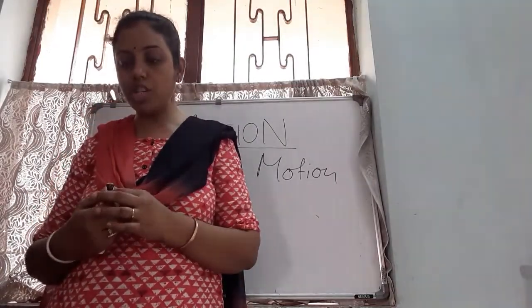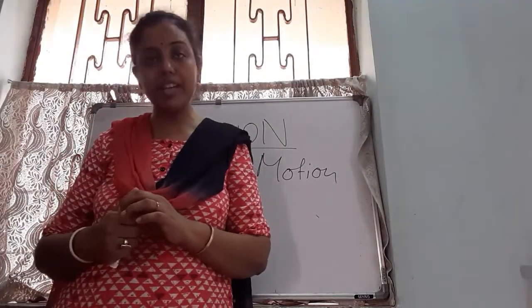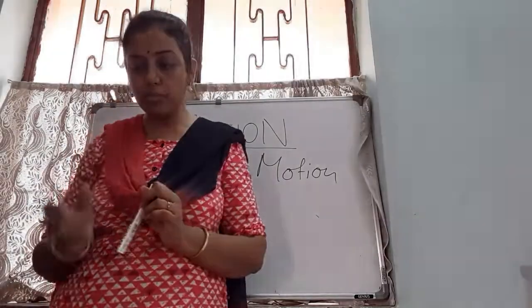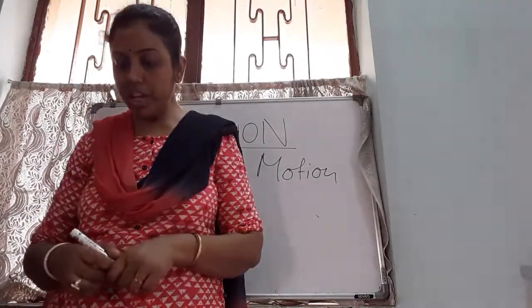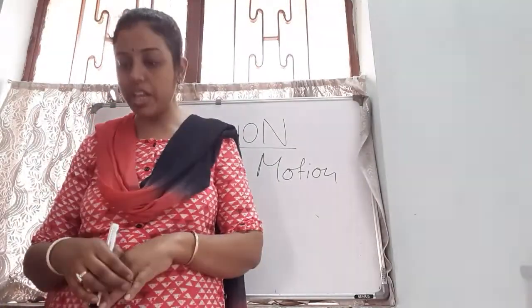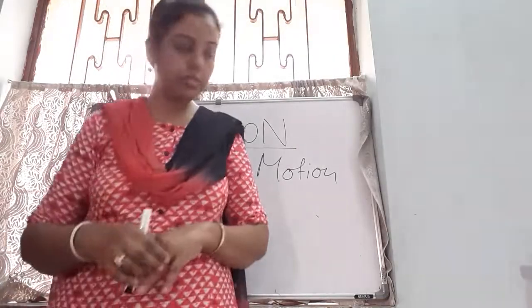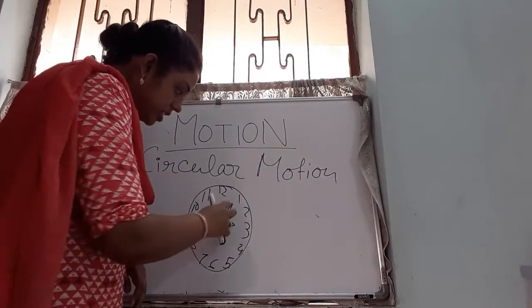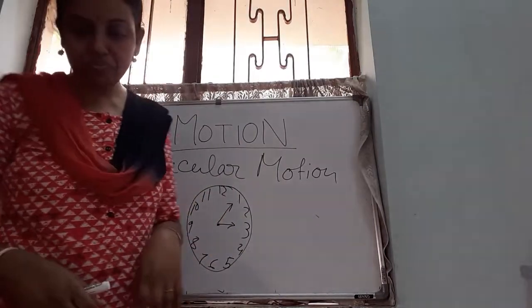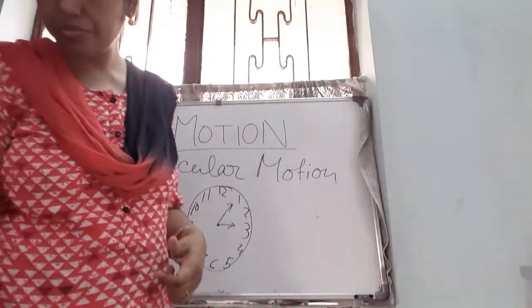The axis of rotation passes through a point in the body itself. And in circular motion, the axis of revolution passes through a point outside the body. So this is circular motion.